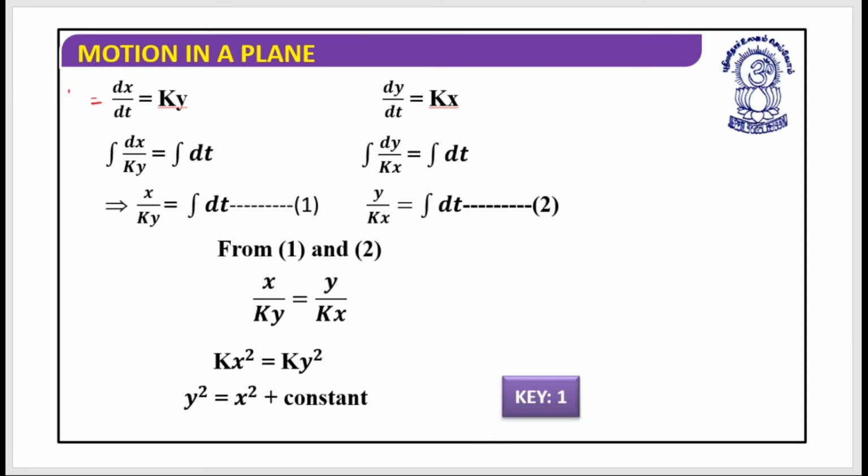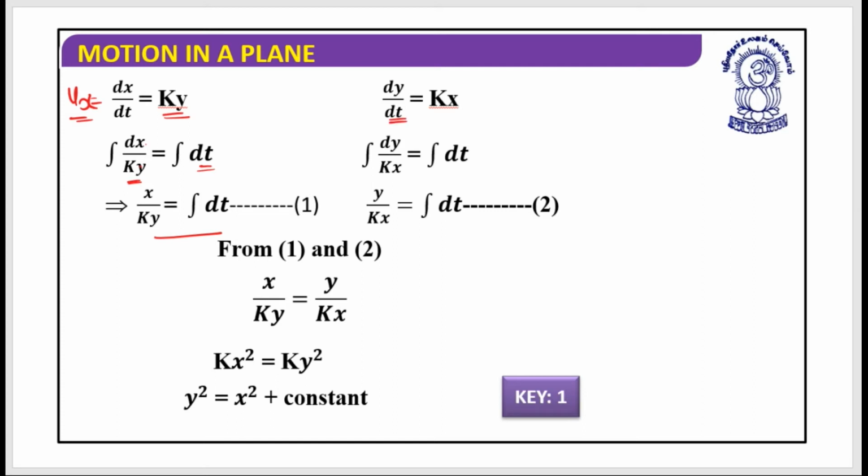vx is equal to dx by dt, which is ky. So if I write it like this, dx by ky is equal to integration of dt, and integration of dx by ky is x by ky, equal to integration of dt.